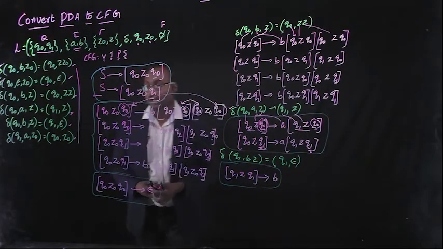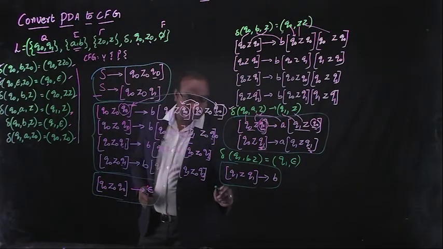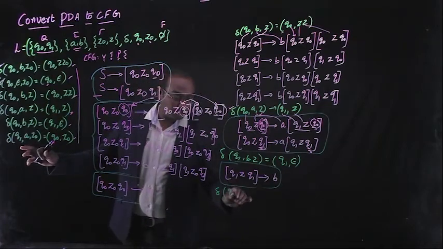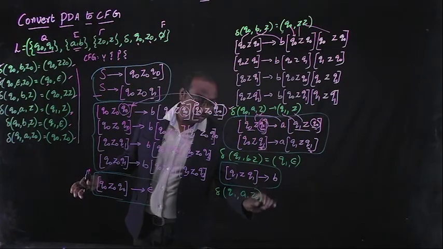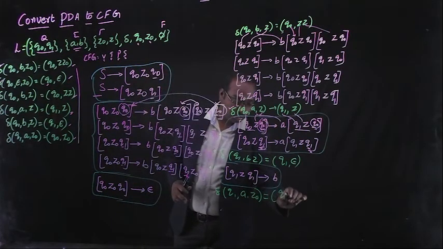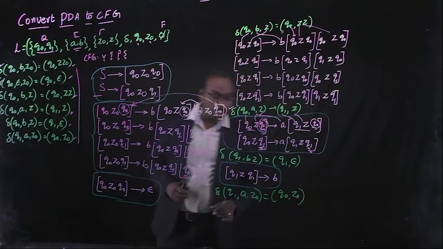So then coming to the last one, delta Q1 comma A Z naught is equal to Q naught comma Z naught, Q naught comma Z naught.